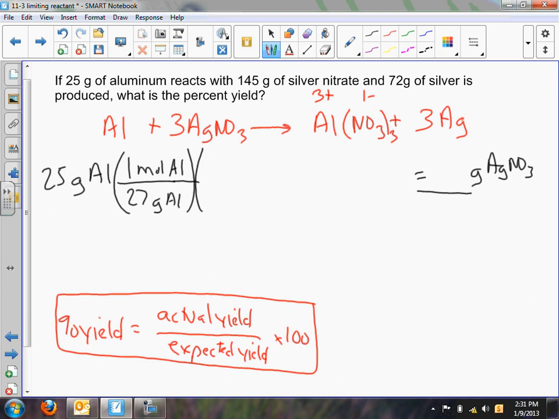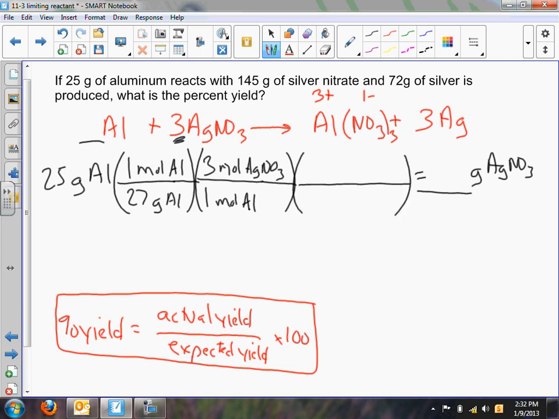Second conversion, 1 mole of aluminum, and that number comes from the coefficients, relates to 3 moles of silver nitrate. Right there, the 3. And finally, change our moles into grams. 1 mole of silver nitrate would be how many grams of silver nitrate?